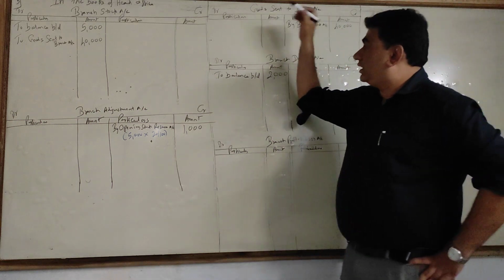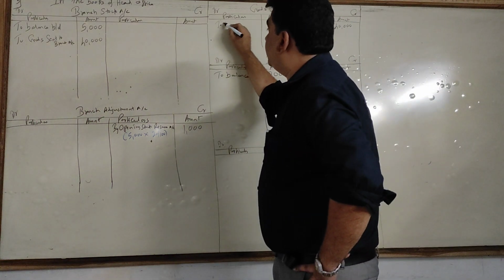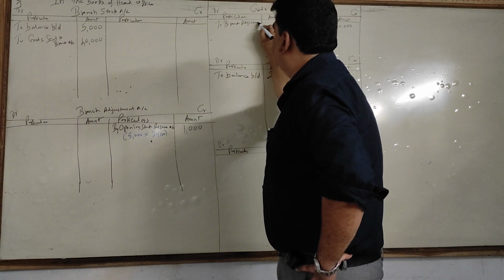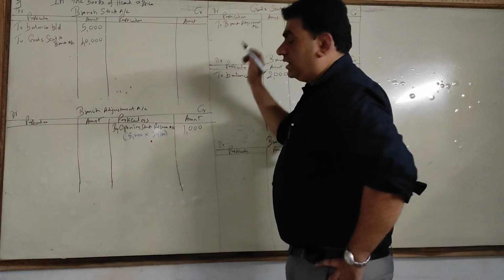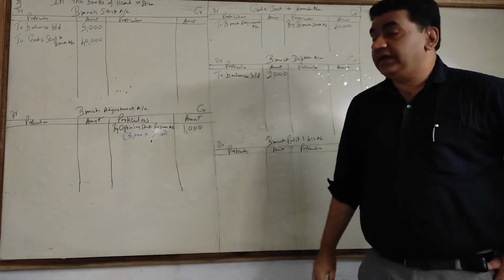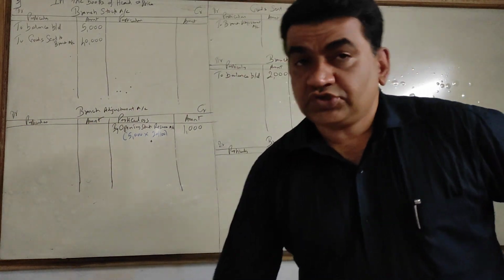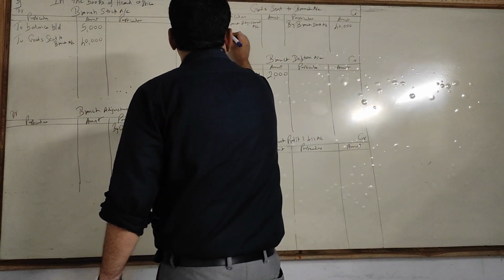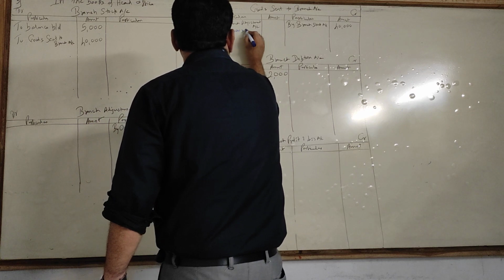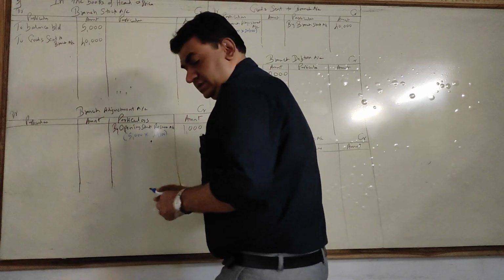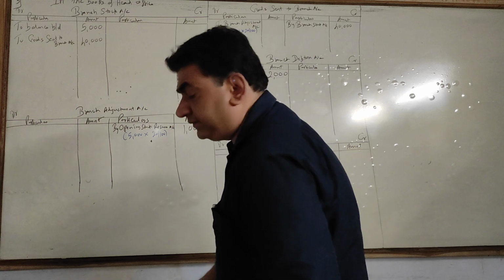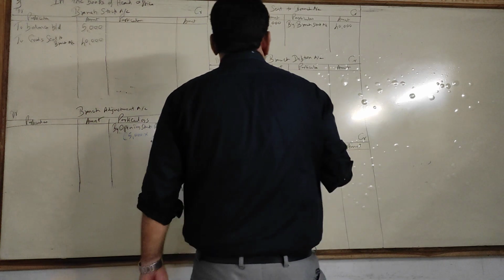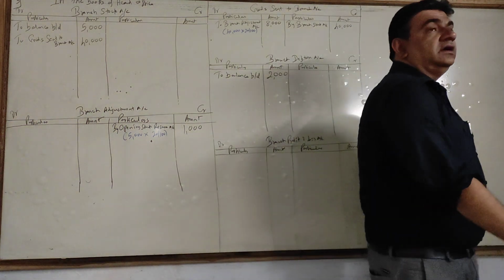So what you will do? Come to the debit side of goods sent to branch, to branch adjustment account, and it is 20% on sale price. Invoice price is given 40,000. We will show it in brackets. 40,000 into 20 upon 100, that is 8,000.